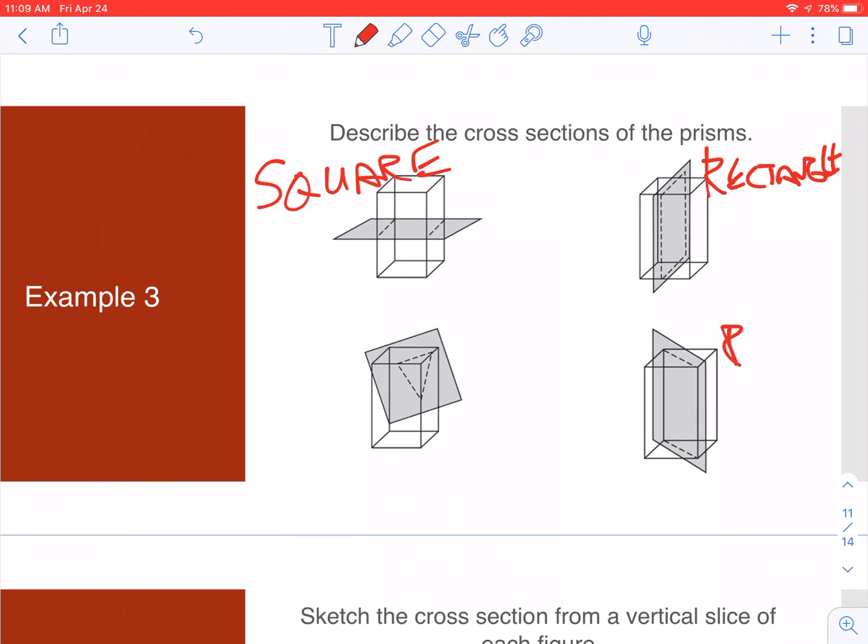This one here is also a rectangle. And over here we can see the cross section. We cut a corner off, and you can see the dotted lines right there. That is a triangle.